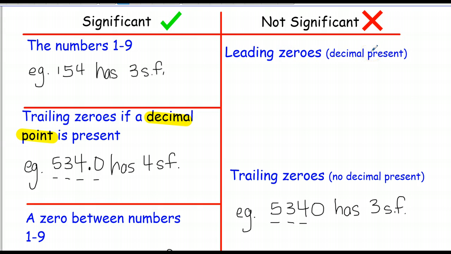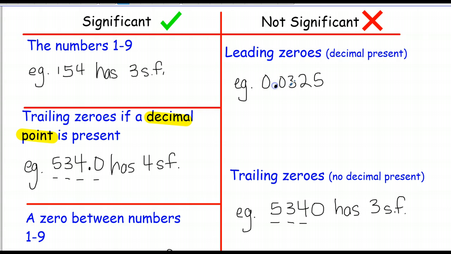Okay, when we have zeros at the beginning of the number, there's usually always a decimal point present, right? So I'll give you an example. 0.0325. Leading zeros never count. Okay, so leading just means the zeros at the beginning, trailing means zeros at the end. There's only one rule for leading zeros, and it is that they are never significant.